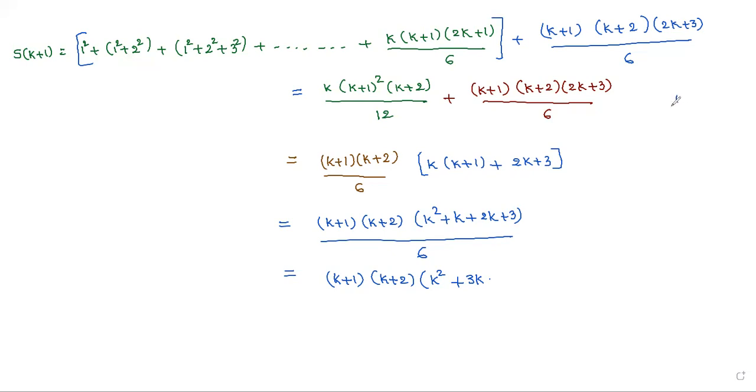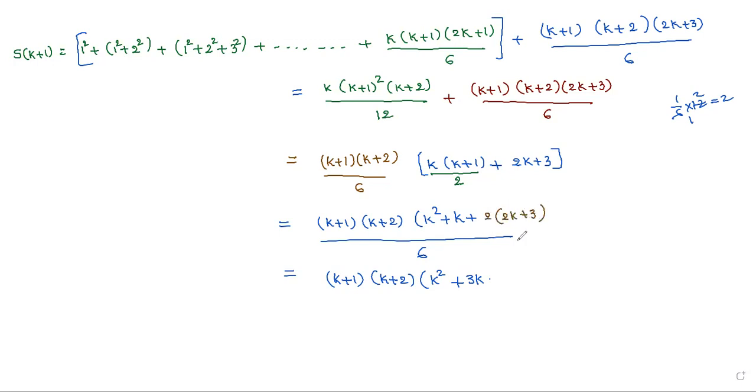LCM is 12. 6 into 2 is 12. Taking 6 common, here by 2 comes. Plus 2 into 2k plus 3.